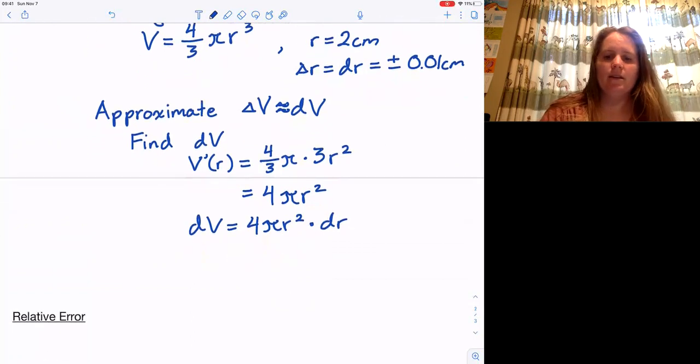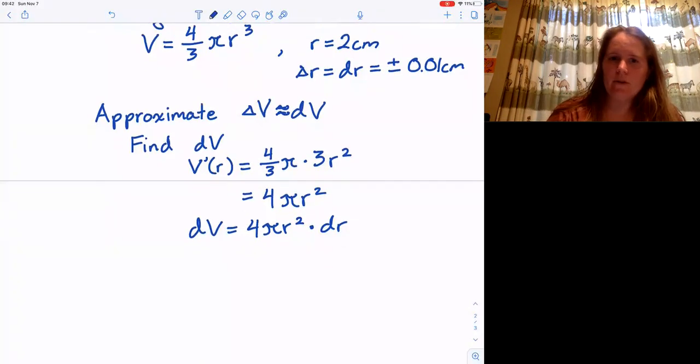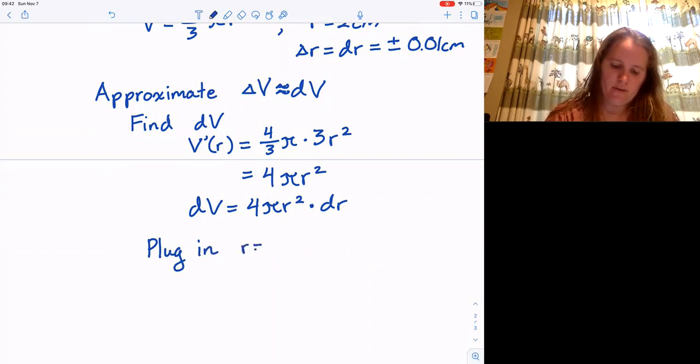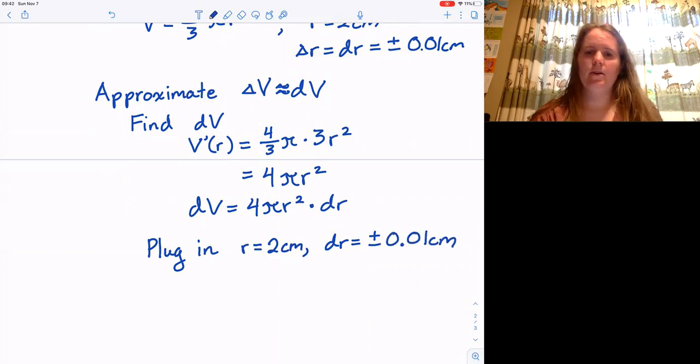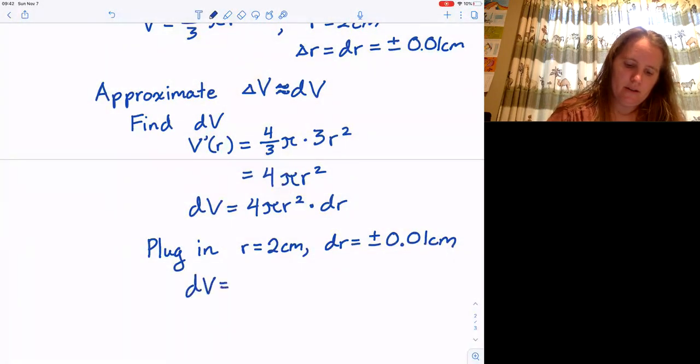Then we need to plug in. I'm going to give myself more room again. So if we go ahead and plug in, we again have r equals 2 centimeters, and dr is plus or minus 0.01 centimeters. So we have dV is equal to 4 pi times 2 squared times plus or minus 0.01.